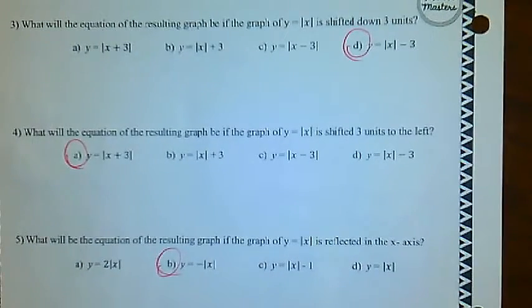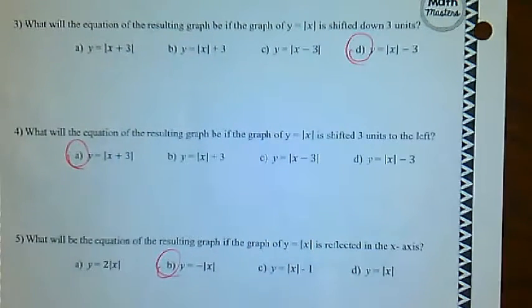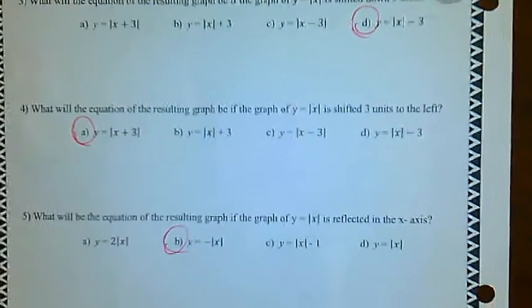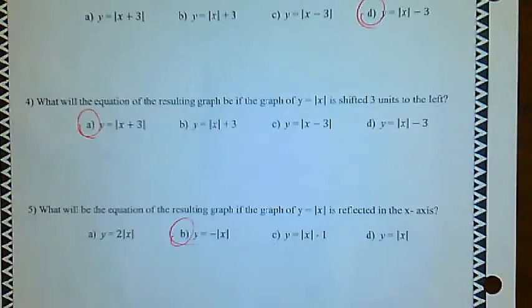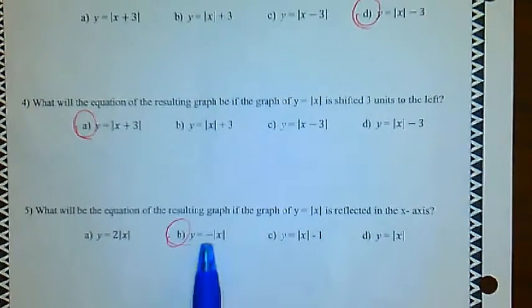Now on the back, this kind of covers the rest of them. For number 3, what equation would move the graph y equals the absolute value of x down 3 units? That would be D. Number 4, which would move the graph y equals absolute value of x 3 units to the left, that would be adding 3 inside of the absolute value, and then reflection over the y-axis is just negating that absolute value.